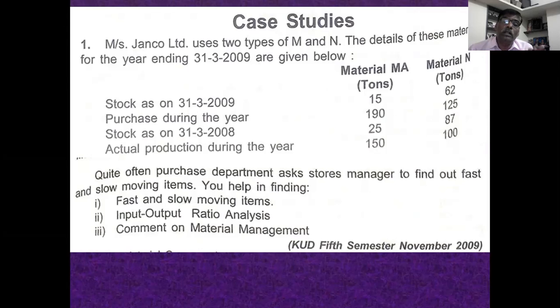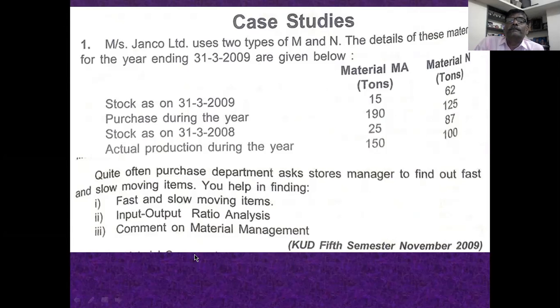If the material is slow moving, his purchases are not frequent; the purchase occurs yearly once or twice. So there is no botheration to the purchase manager. If frequent purchases are there, the purchase manager remains always in tension. Therefore, he wants to know slow moving and fast moving material.